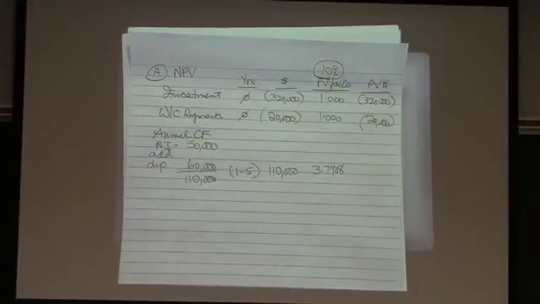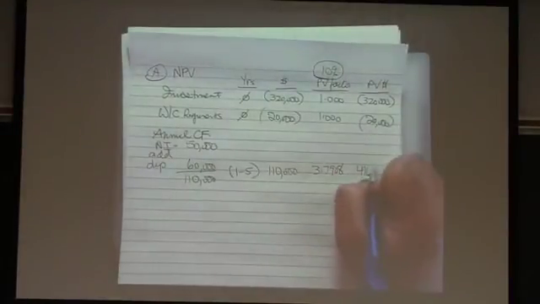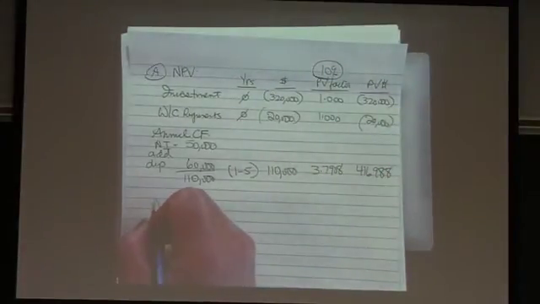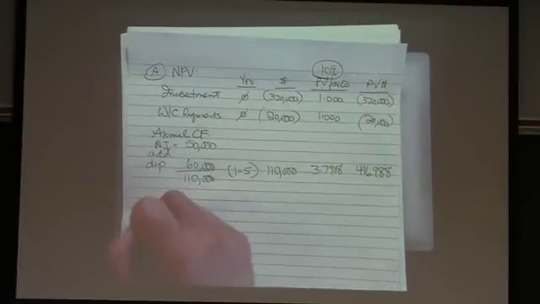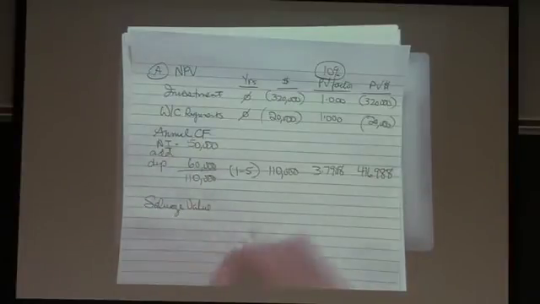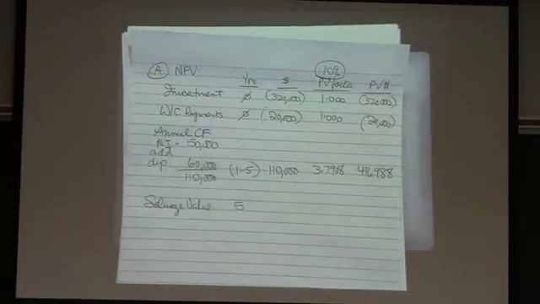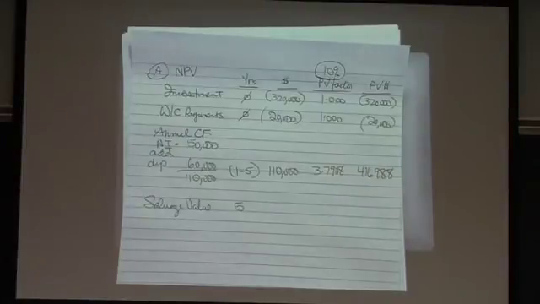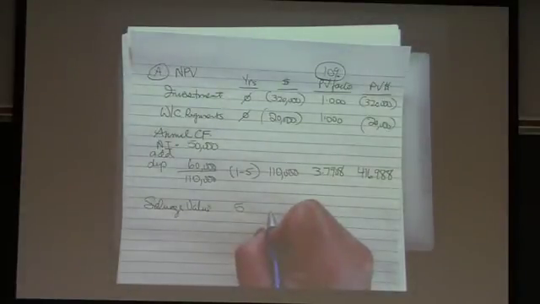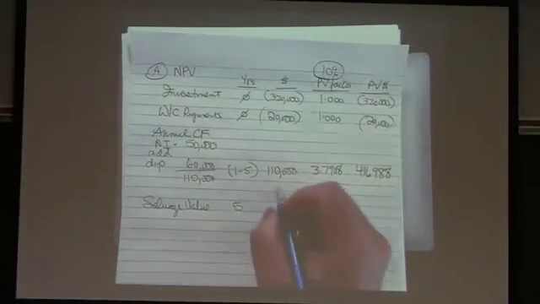And this is 416,988. Now, there's also the terminal value, the salvage value. The salvage value is at the end of 5 years. The salvage value is 20,000.